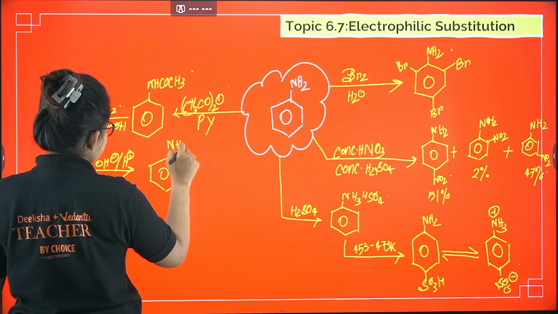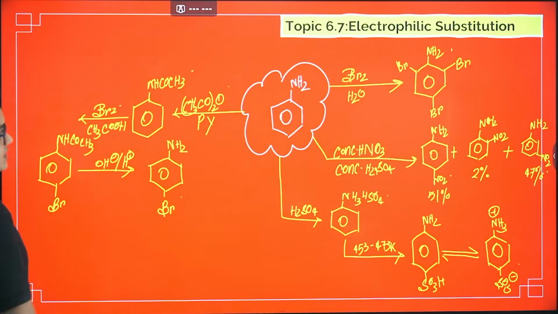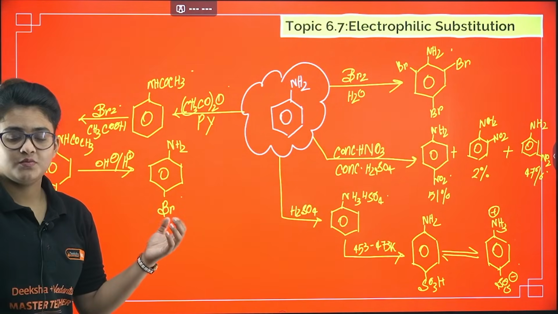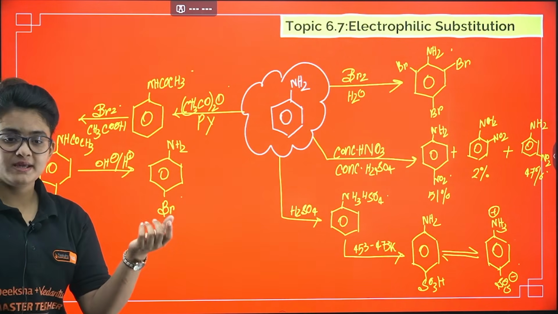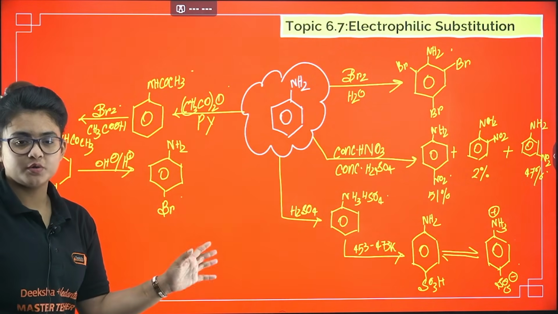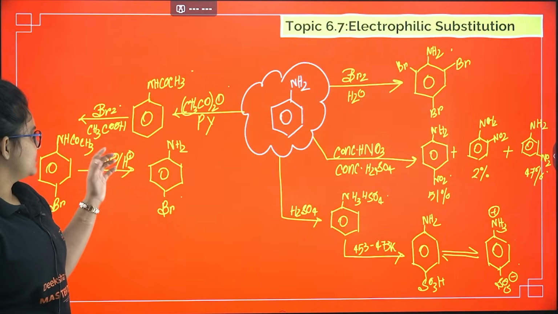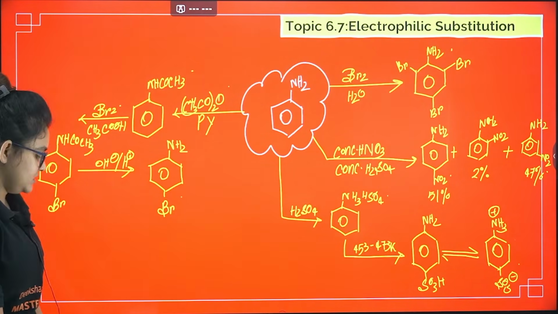Okay, so precisely if you need only para bromo substituted compound, you can block the ortho position by creating some steric hindrance. NHCOCH3 is a very big group, right? So the ortho position will be blocked by default. Then you can do the bromination and then remove the NHCOCH3 group. Okay, so I guess you understood this.